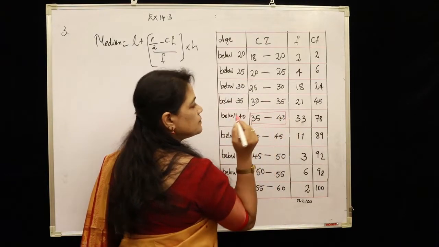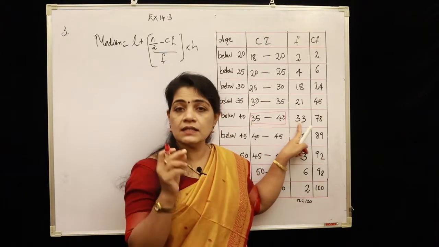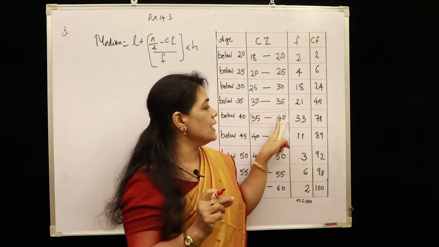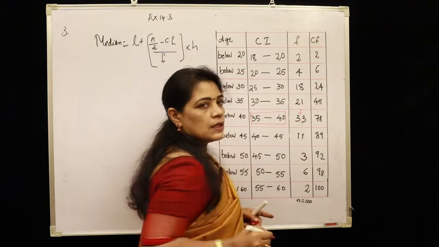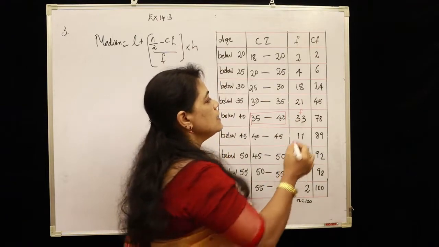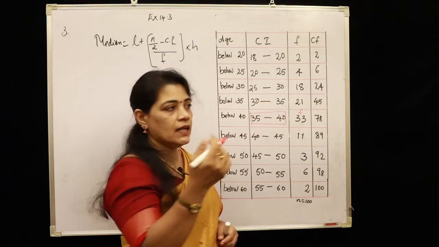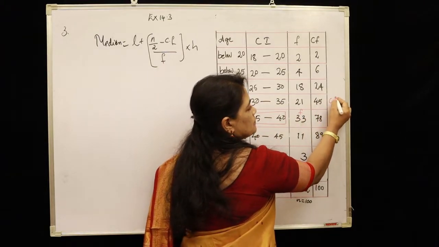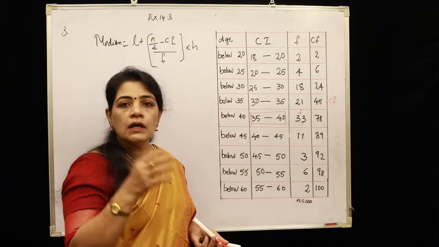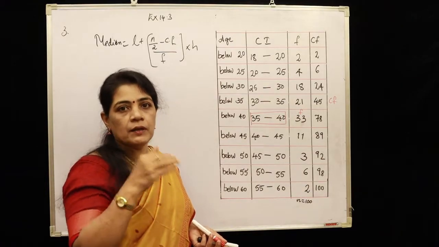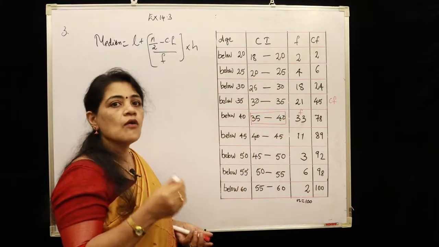So the median class is 35-40. Here 33 is the frequency of the median class, and this is F. This 45 is the cumulative frequency of the class preceding the median class, and this is CF. And H is the difference between the upper limit and the lower limit, that is 40 minus 35, which is 5.